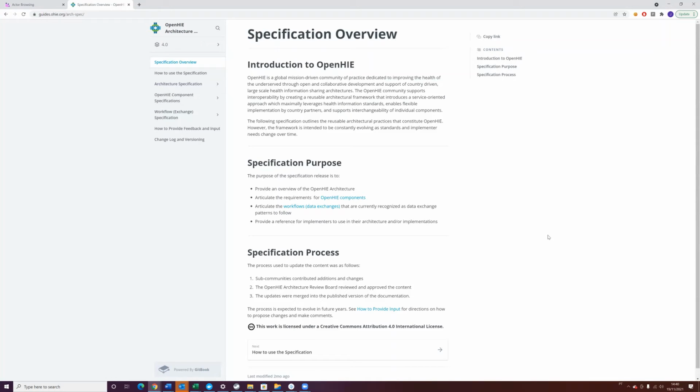There are certainly areas that are not fully defined yet. As Jose was talking about pharmacy, I'm not sure how much of the pharmacy pieces are defined yet in OpenHIE, but it's certainly a good place to start.